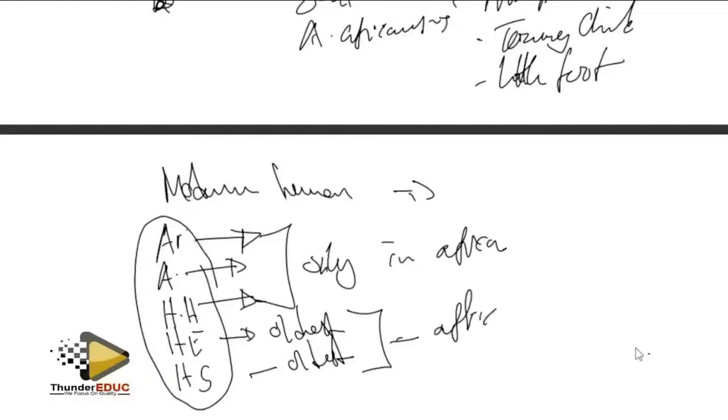I repeat. The fossils of Ardipithecus, Australopithecus, and Homo habilis were only discovered in Africa. Only in Africa. Fossils of Homo erectus and Homo sapiens, the oldest fossils were discovered in Africa. That's how you're supposed to write the answer.